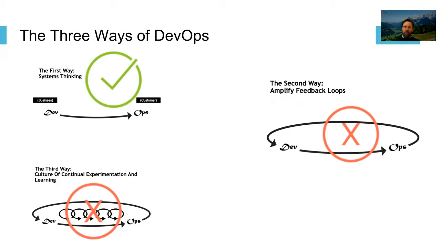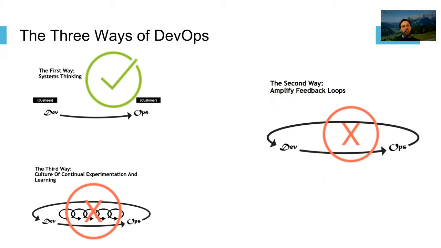So if you don't know the 3 ways of DevOps, in a nutshell, the first way of DevOps, Gene Kim says, is systems thinking. Not thinking in terms of the small elements that you are working on, but thinking of the whole, thinking of the entire system. And this means both the system in terms of the product that you're building and the system in terms of the organization that creates and operates this product.